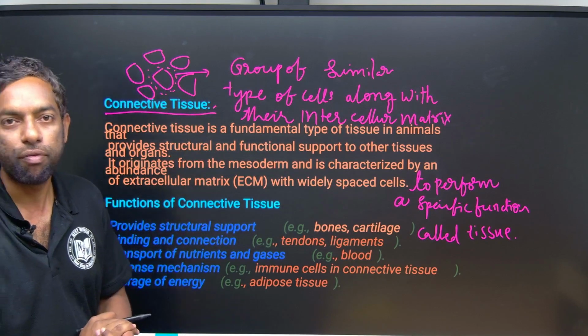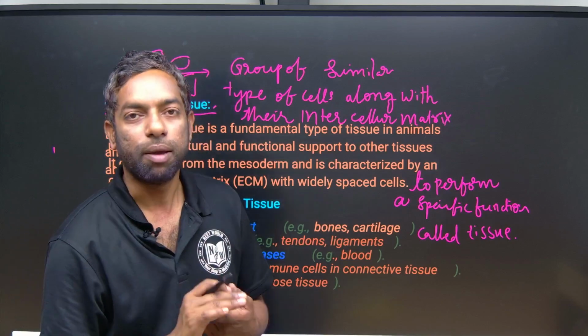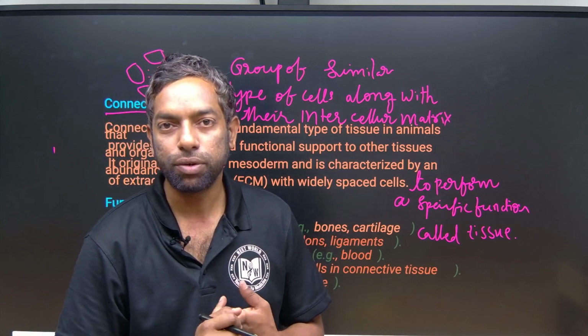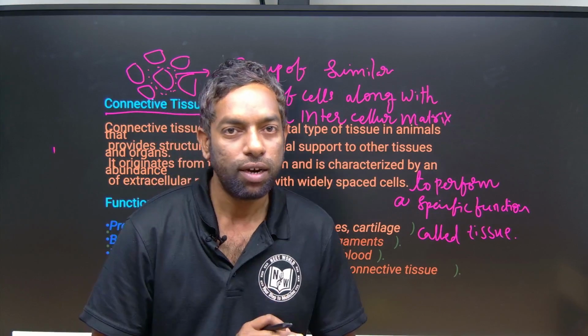Tissues are mainly 4 types, okay, that is epithelial tissue, connective tissue, muscular tissue and nervous tissue.